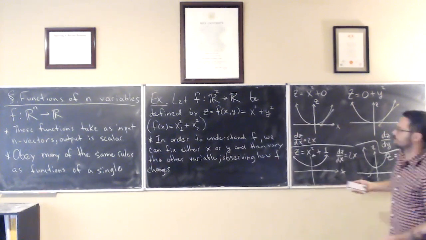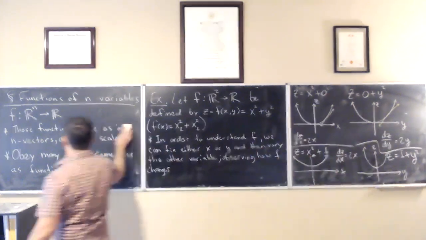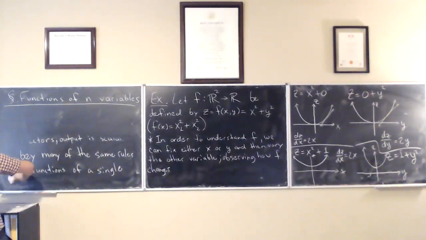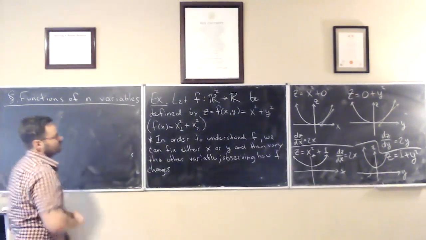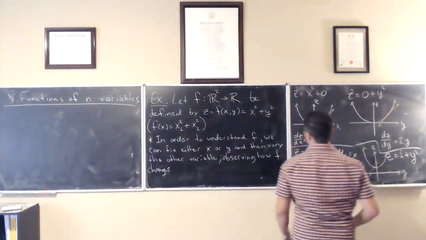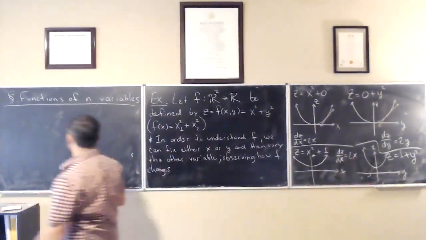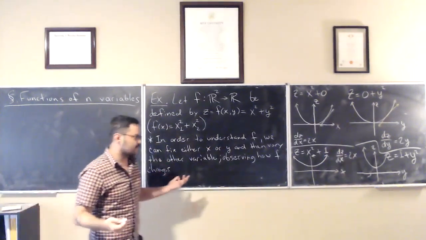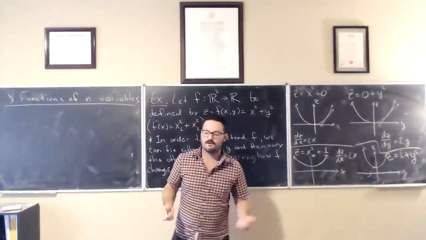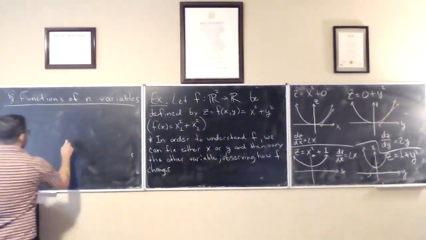So in particular, if we wanted to somehow get a picture of that function here, right? We can use a three-dimensional coordinate system, which is really a pain to deal with, but it can sometimes give us information about the function in question.